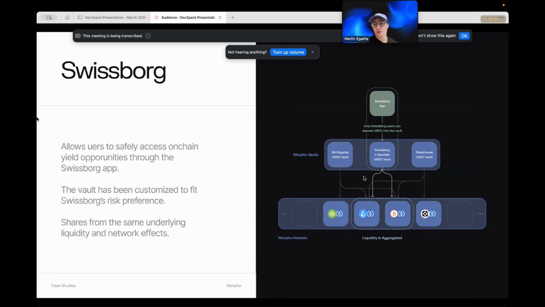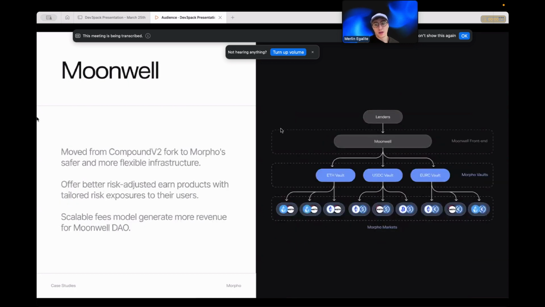The standard of the vault is the ERC-4626 standard, so it's kind of technical, but it's a standard that extends the ERC-20 token standard, and ERC-4626 is quite well known now by builders in the space. And it's very easy to integrate into other products. So that's for the Swissborg part.